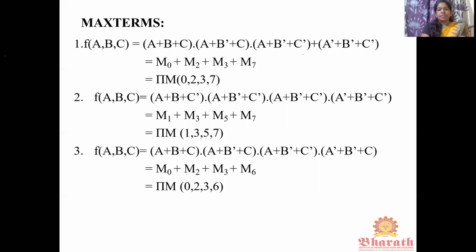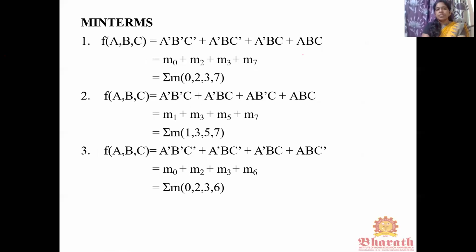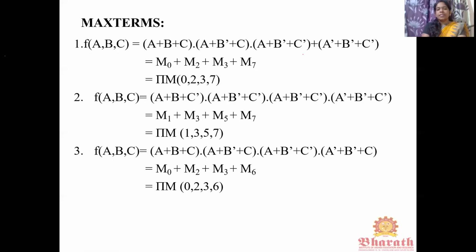So summation capital M 0, 2, 3, 7. Take only the numbers. It is just vice versa of the min-term. Complement means 1. First we have to identify the binary number, then for that respective binary number, you represent it in max-term form, then use only the numbers by putting the summation. So these are the min-terms and max-terms. They will give one expression, and you have to identify the min-terms and max-terms for that given expression.